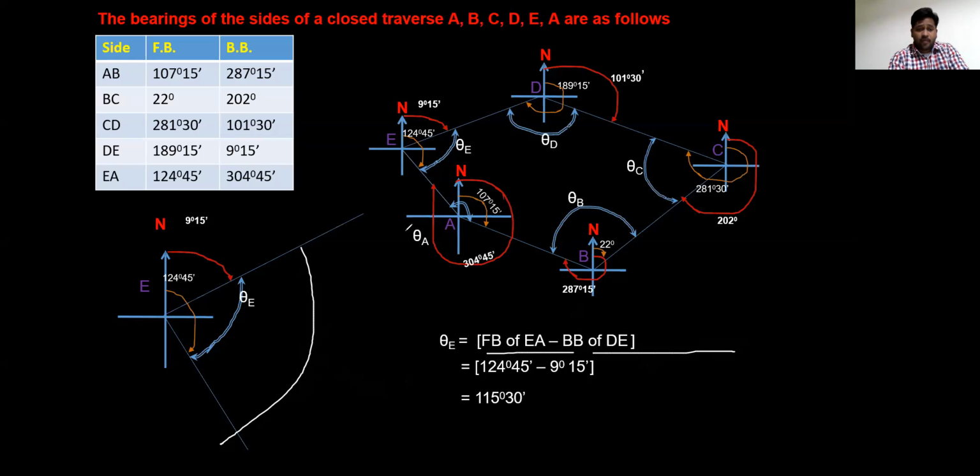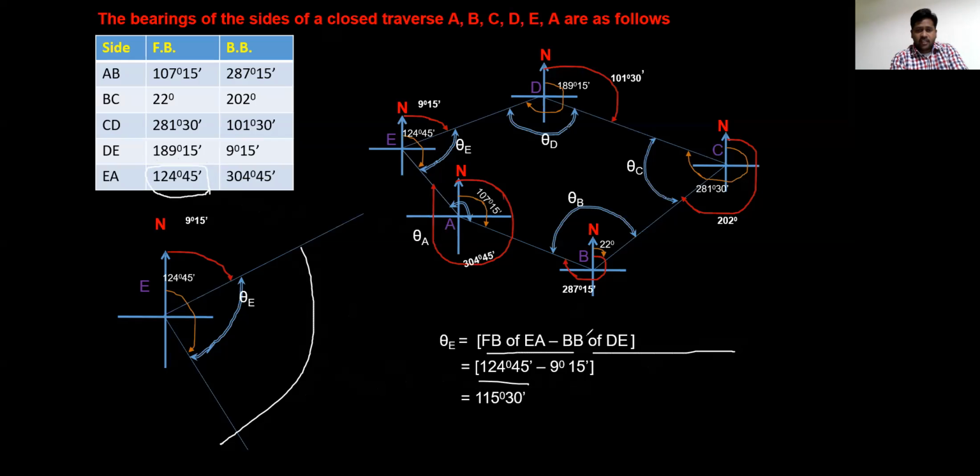What is my forebearing of EA? The forebearing of EA value is 124 degrees 45 minutes.